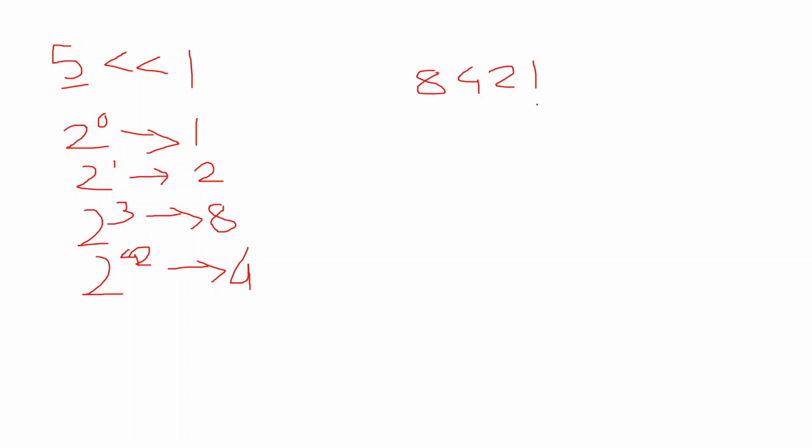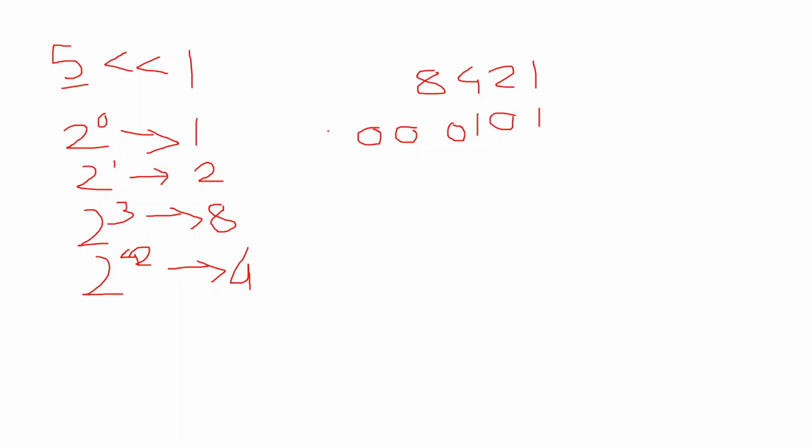Which numbers will we add so that we can get 5? 4 and 1. So for this the value will be 1 0 1, and rest all will be 0. We are considering here 8 digits.